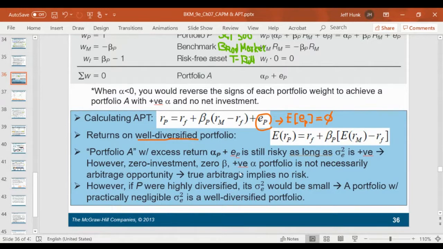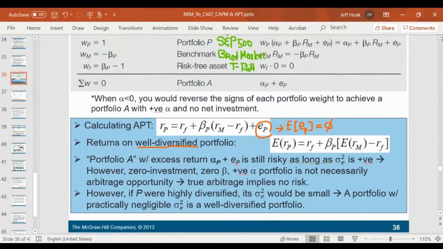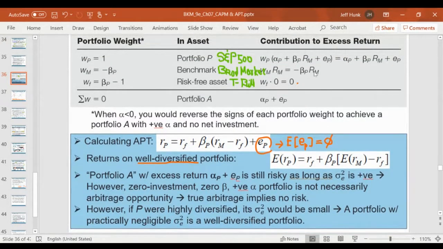However, a zero investment, zero beta, positive alpha portfolio is not necessarily an arbitrage opportunity, because true arbitrage implies no risk, right? Just because you have positive alpha, zero investment, zero beta. Zero beta means they cancel out. Eventually, think about it.